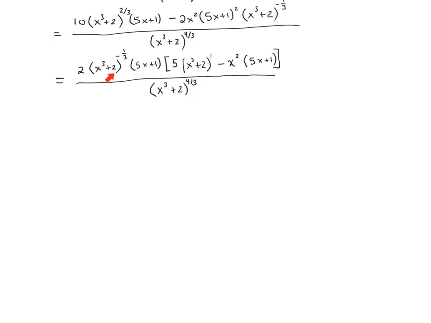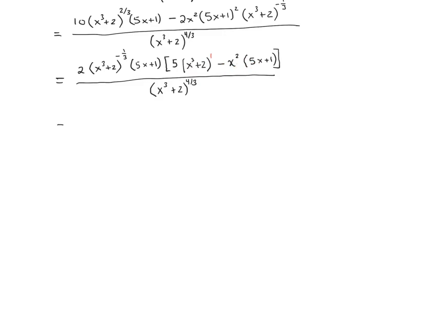Now we can take the x cubed plus 2 to the negative third, and we can bring that down to the denominator. We can also clean up this bracketed portion by distributing and collecting like terms.